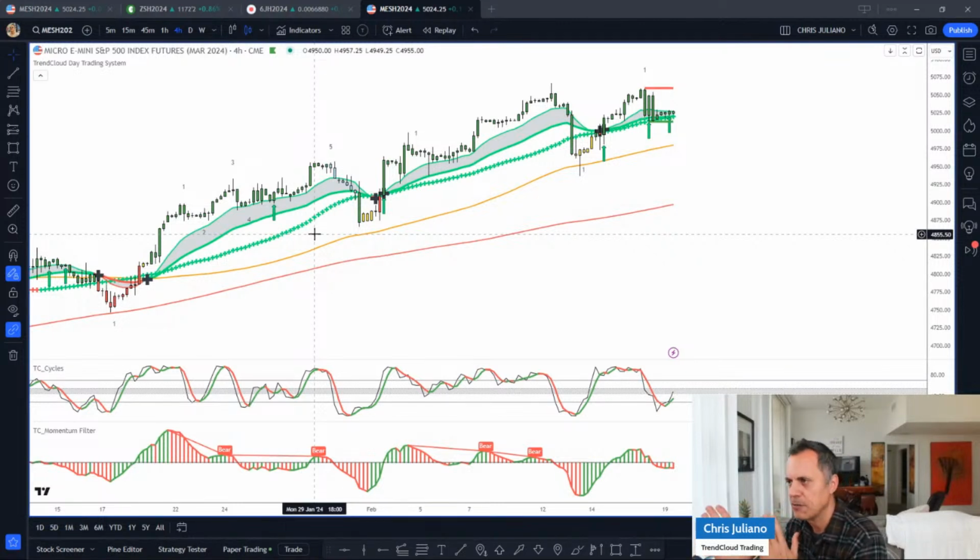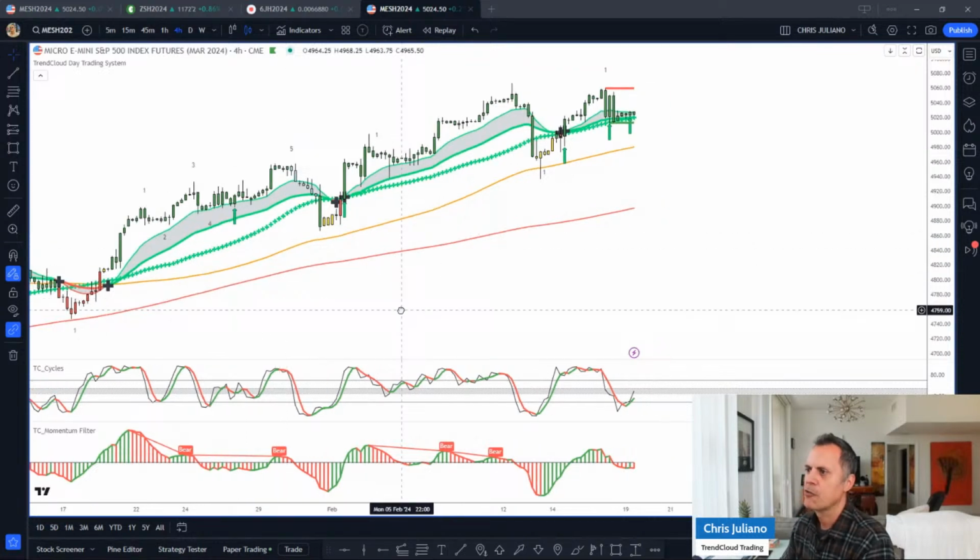We want to follow the trend, and we want to take advantage of trend reversal trades on those lower time frames as well. This is a great, very objective system for following the trend and allowing the trader to know where they are at any given point in time. That is what TrendCloud is used for.